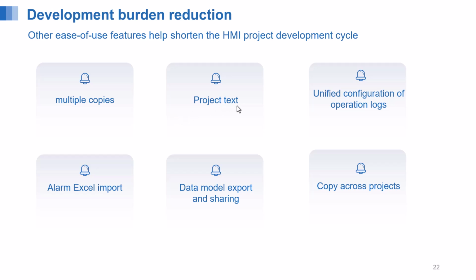When you convert the project language from Chinese to English or English to Chinese, you can use a text library for easy conversion. And there are the operation log, copy across projects, data model, and alarm import and export.